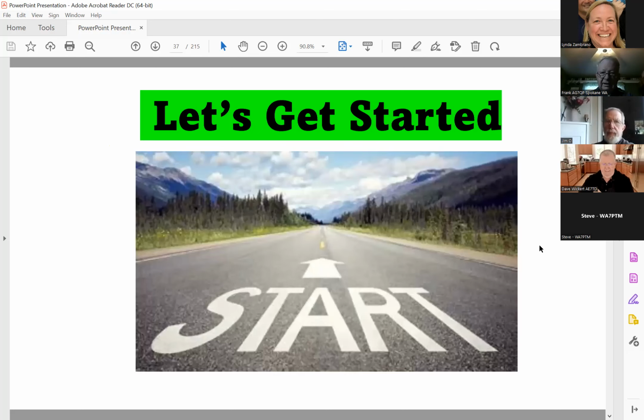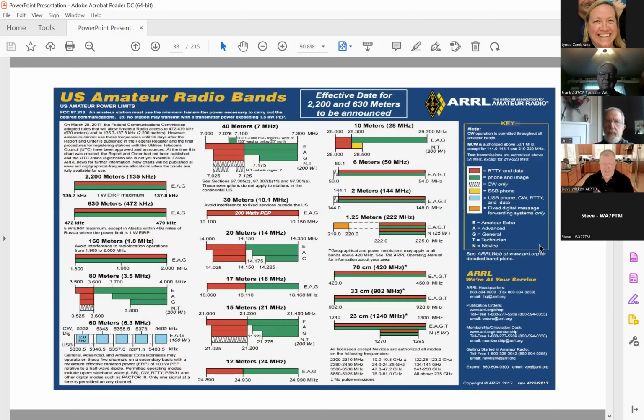Now there's this handy little chart you can get from ARRL. You can download it. It actually comes in several different forms. This shows all of the radio frequencies that amateurs can use, up to 1240 megahertz. There's actually more above that. And what's interesting about the ones that are above it is that they're open for technicians.